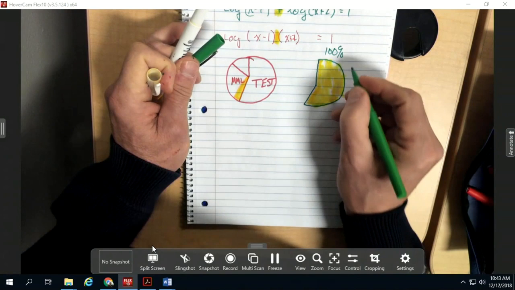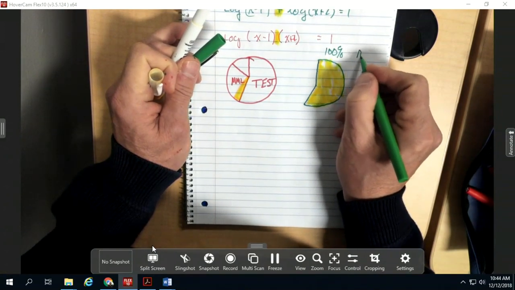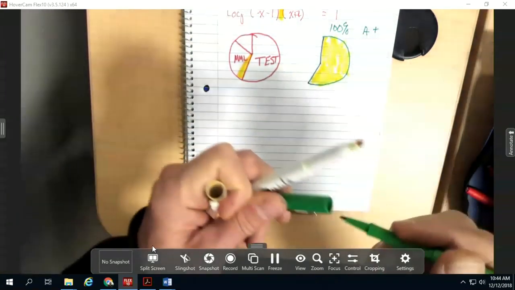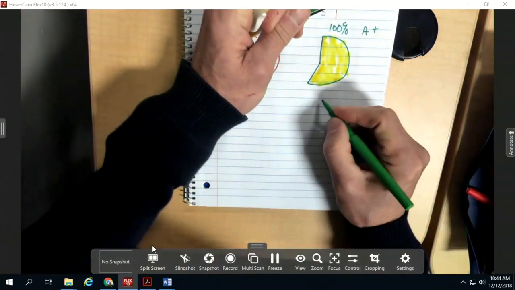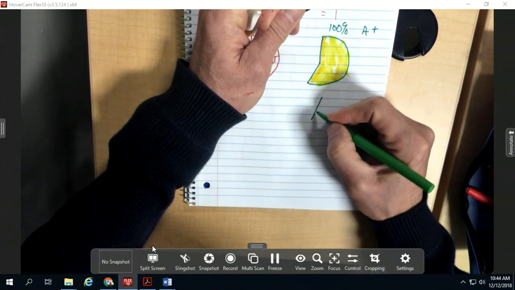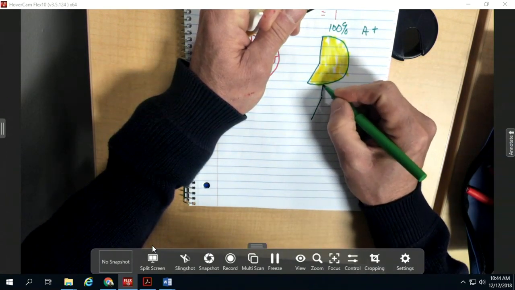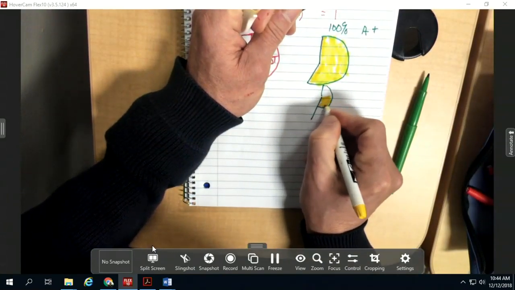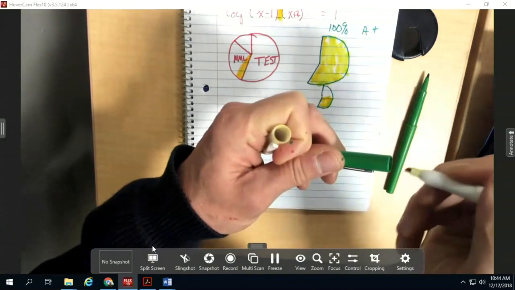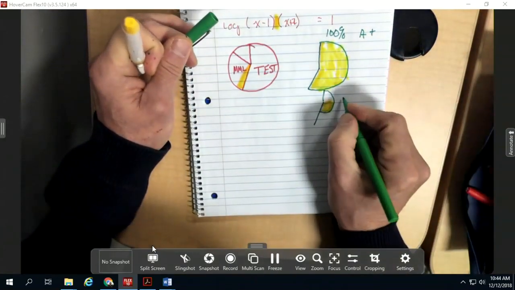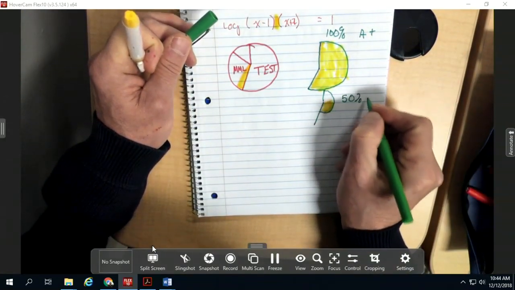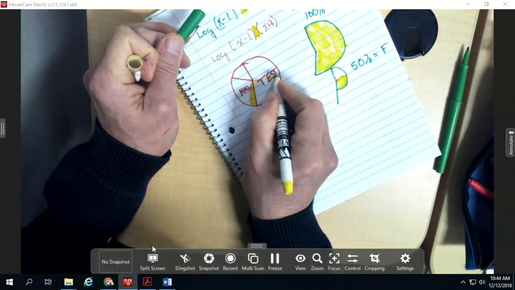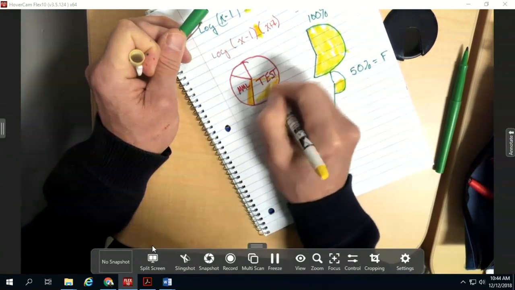So what grade would you have? A plus, right? Yeah, but I'm not that smart. Okay, so let's say that instead of 100% of the pie, you only had 50% of the pie shaded. So your grades on the test part would be 50%, which is an F. Well, let's shade that exact same half the tests over here.